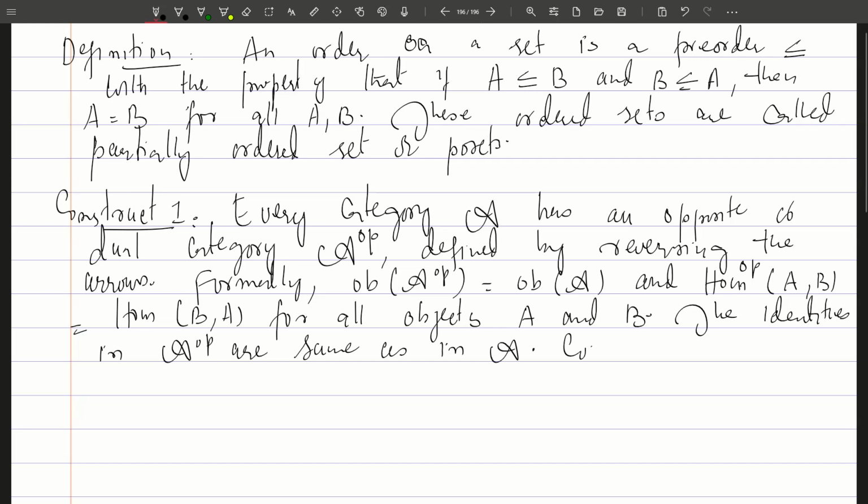Composition in the opposite category is the same as in A, but with reversed arguments.